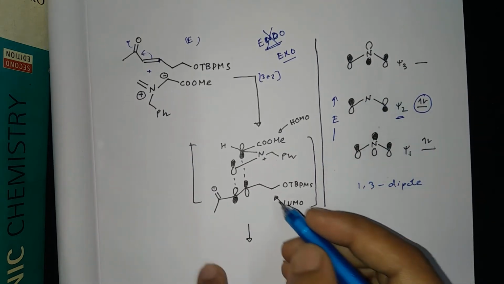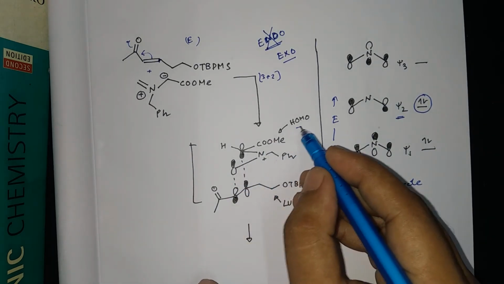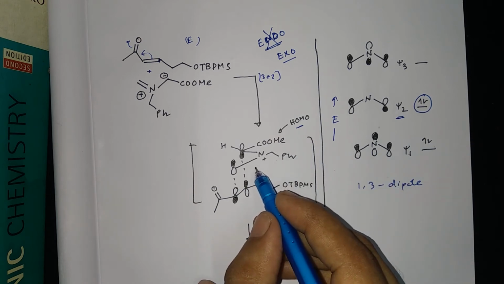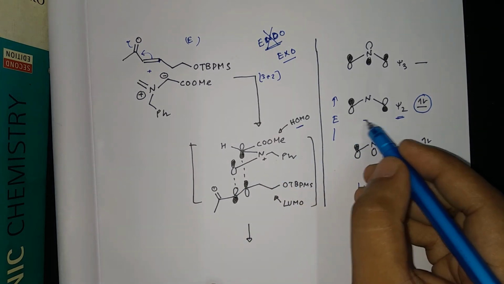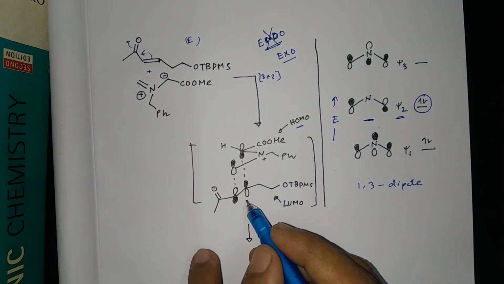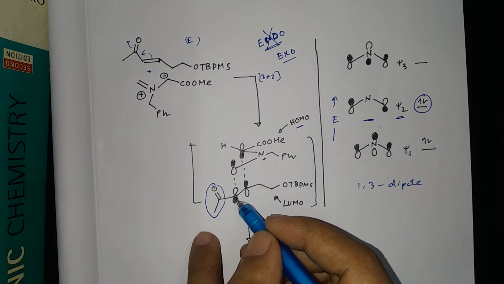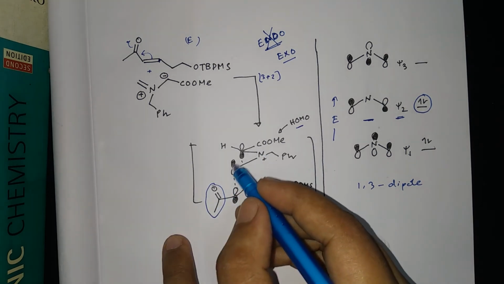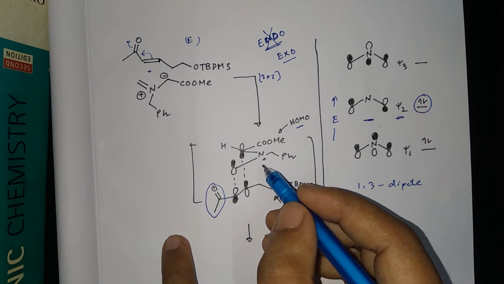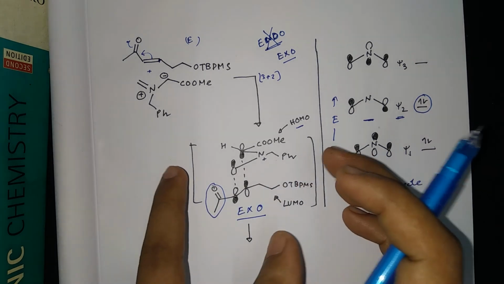So this is the exo transition state, you can see, where we choose the HOMO of the 1,3 dipole. So this is the HOMO, and this is the LUMO of this dipolarophile, and this CO2Me, this electron withdrawing group, is outside of this 1,3 dipole. So therefore this is the exo transition state.